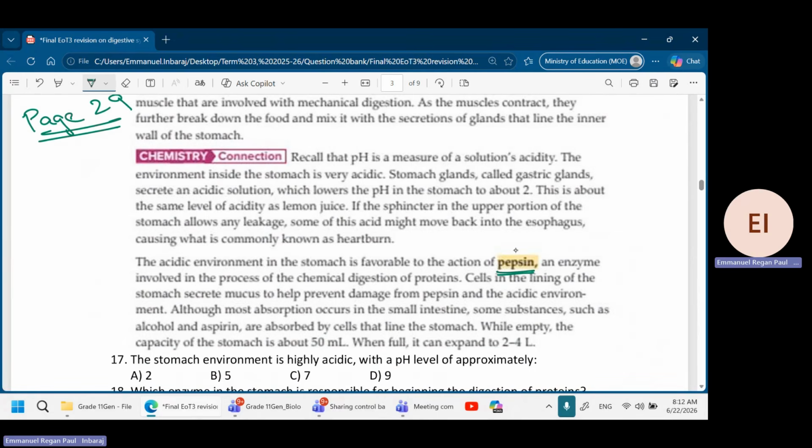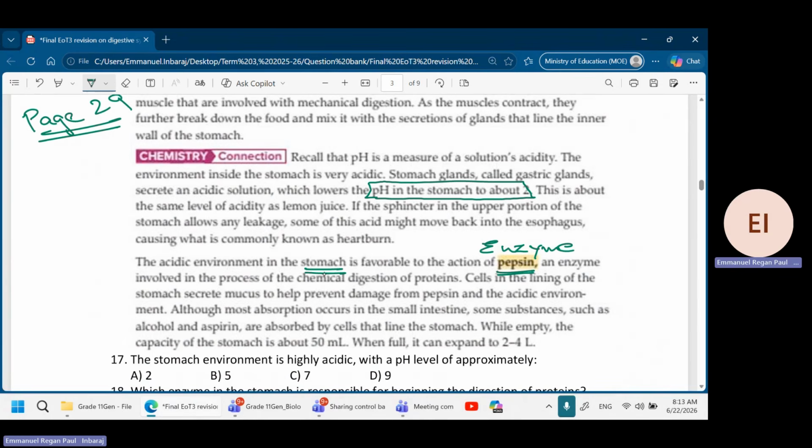So what is pepsin? We know that pepsin is an enzyme. This enzyme is found in the stomach. For this pepsin to work best, it needs a pH of around 2. Remember this.